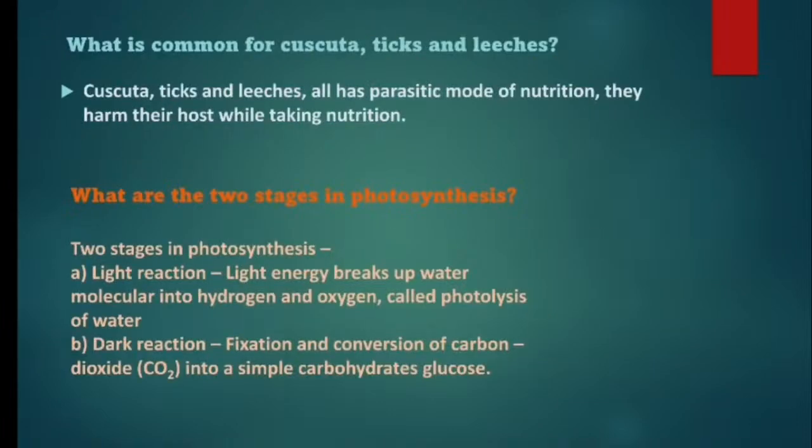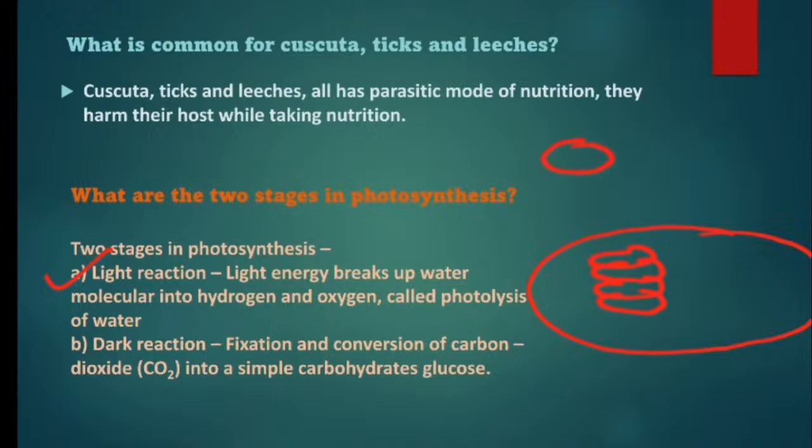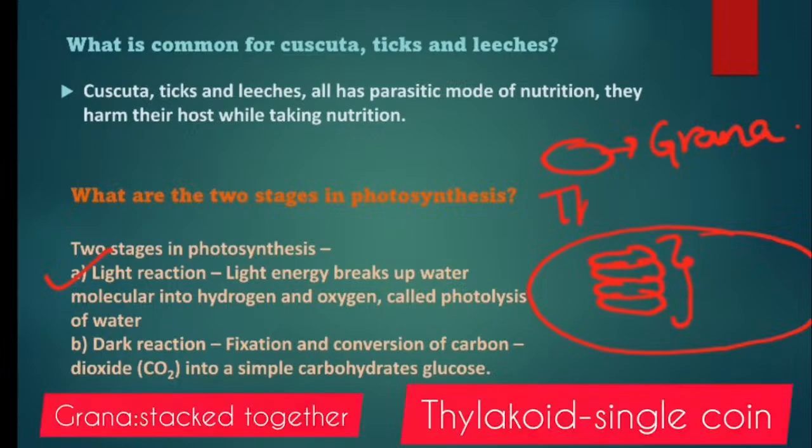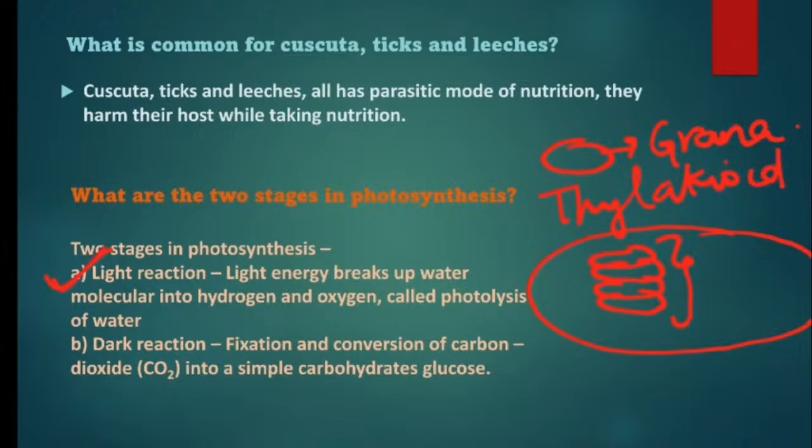You have studied that in the structure of the chloroplast, there are small coin-like structures, and a single coin-like structure is called a granum. These stacked together are called thylakoids. This is the region where the light reaction, that is the presence of sunlight and splitting of the water molecules, takes place.